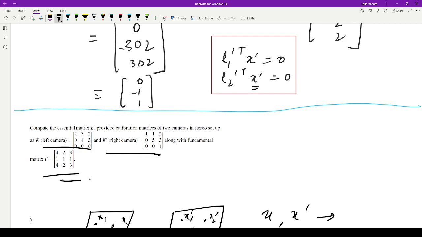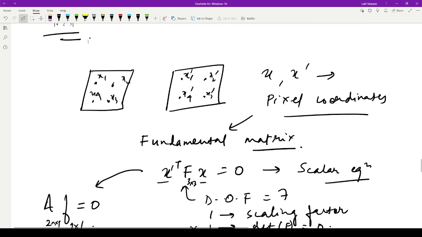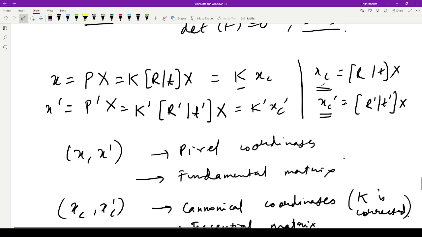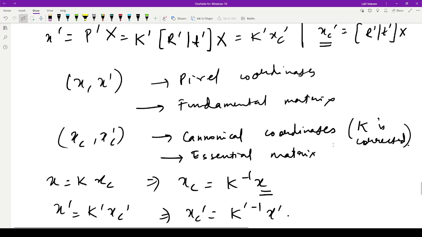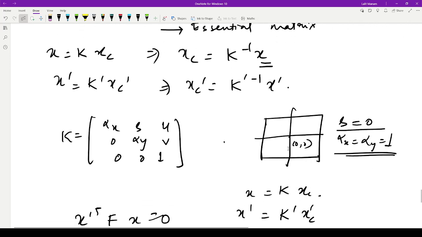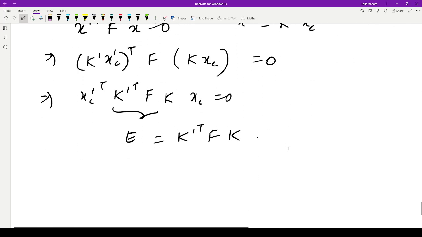When you have calibrated cameras, that means when you know K, we just want to remove the problem with K. So you can get it into canonical coordinates, and you get an essential matrix. It is just to fit into canonical coordinates and make it easy, that's why the essential matrix is used. Ultimately, this looks like x c transpose E x c equals 0.